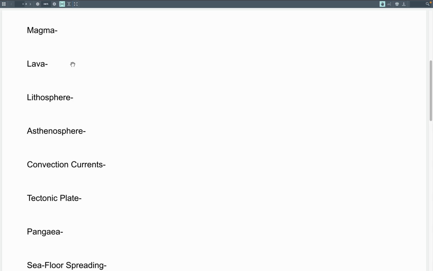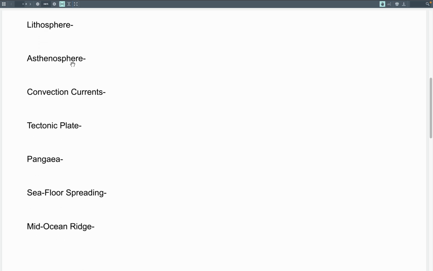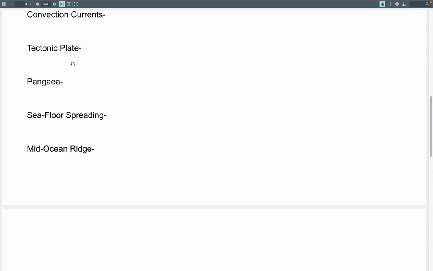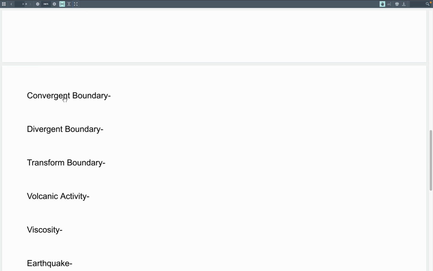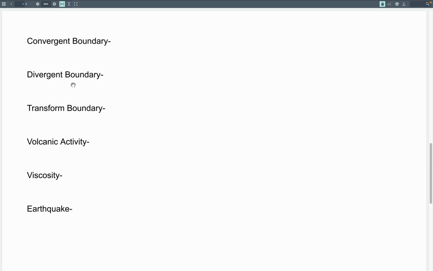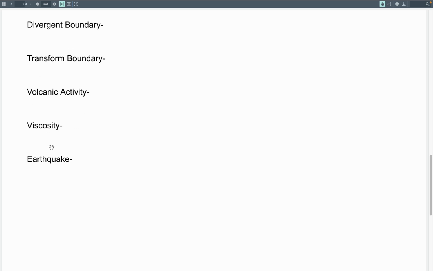I left magma and lava just because that has to do with the crust and with the mantle. I left the seafloor spread, mid-ocean ridge, convergent, divergent, transform boundary. And then the only thing that I kept with volcanoes and earthquakes, volcanic activity that has a lot to do with plate tectonics, so I left that vocabulary on.